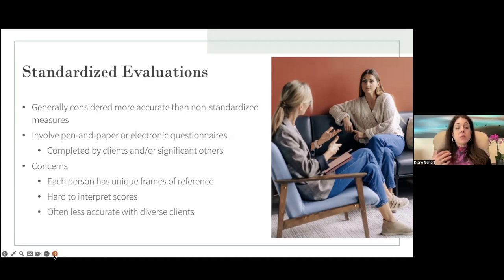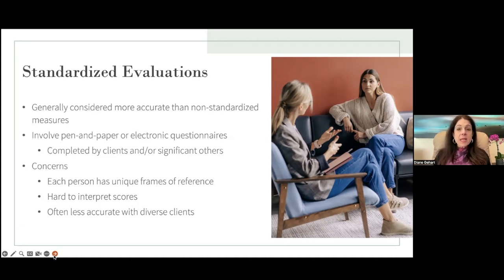Also know that some of these measures are considered less accurate with diverse clients if they weren't standardized on diverse clients. Think in terms of age, race, gender, even socioeconomic status. Education level is huge when you're using these standardized measures, as is ability.